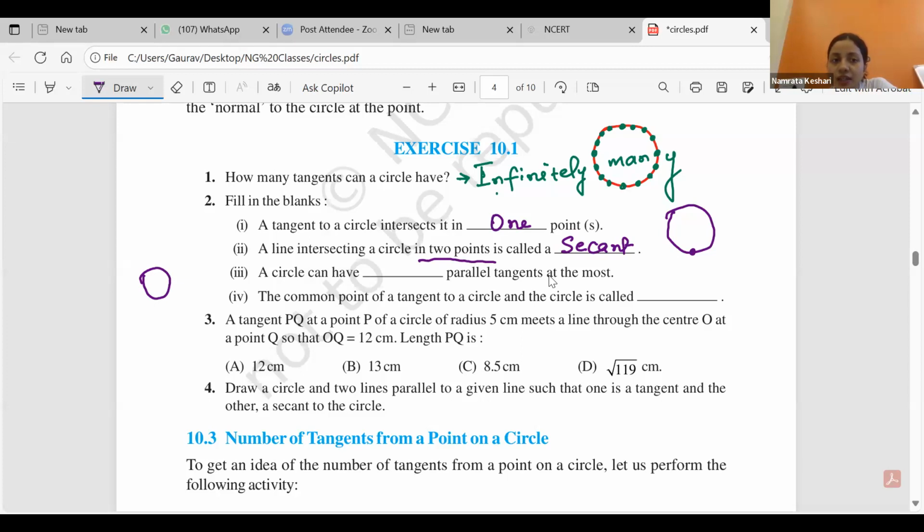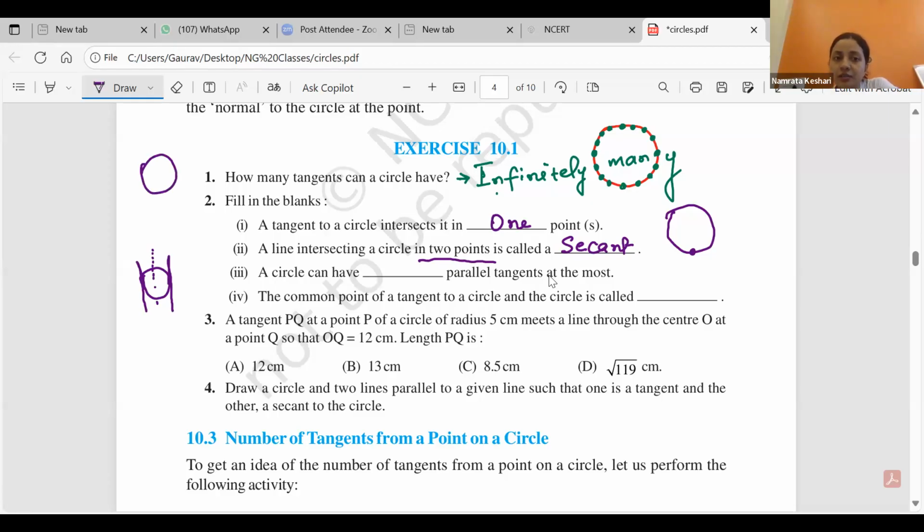Last day we were discussing that if we draw a secant, to this secant at most two parallel tangents will be there, right? So even though the secant is not mentioned, at a time at most two parallel tangents can be drawn in a circle.